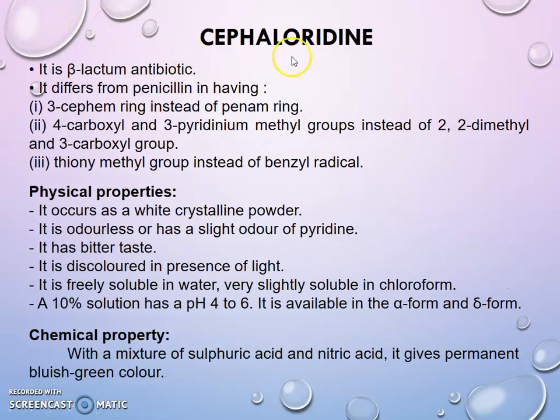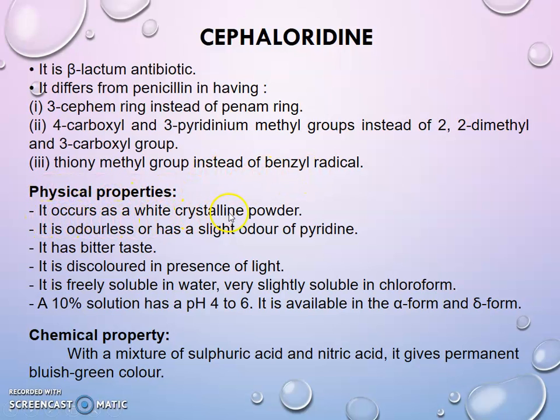Next drug is cephaloridin. It is a beta-lactam antibiotic. It differs from penicillin in having a Cephame ring instead of a penam ring, a 4-carboxylic and 3-pyridinium methyl group instead of 2,2-dimethyl and 3-carboxylic group, and a thienyl methyl group instead of a benzyl radical. Physical property.